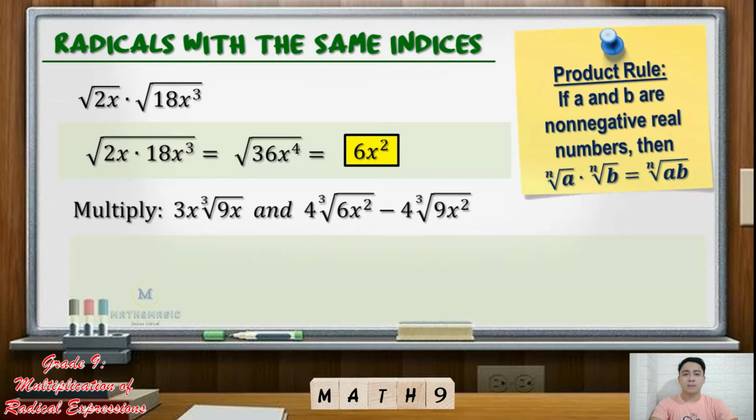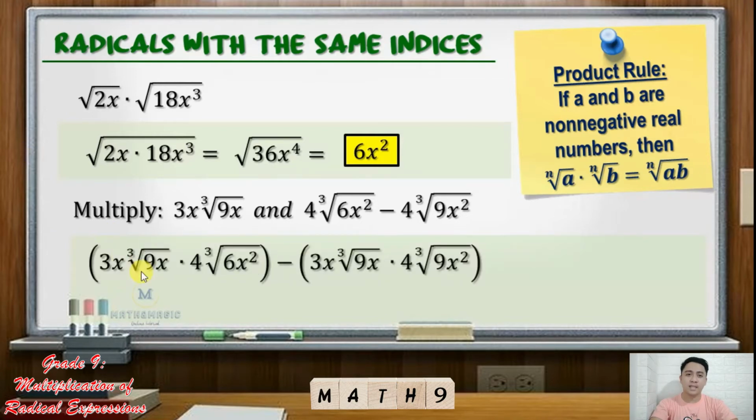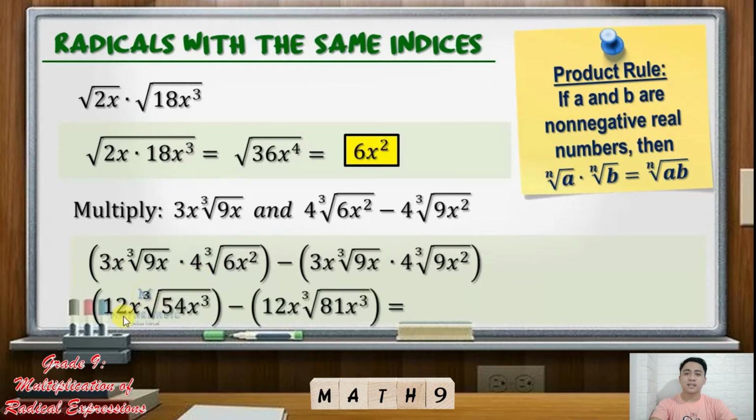Here we will multiply 3x cube root of 9x to 4 cube root of 6x squared. Then minus the product of 3x cube root of 9x and 4 cube root of 9x squared. For the product of the first term, we will multiply first the coefficients 3x and 4. Product is 12x. Then 9x times 6x squared, that is 54x cubed.